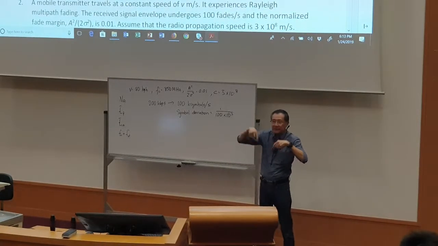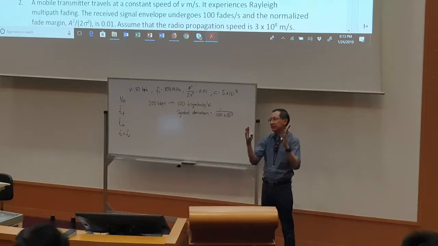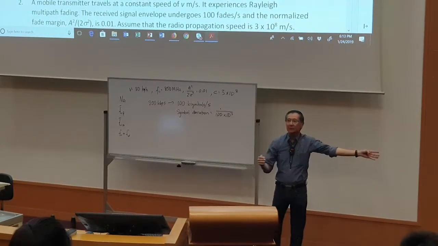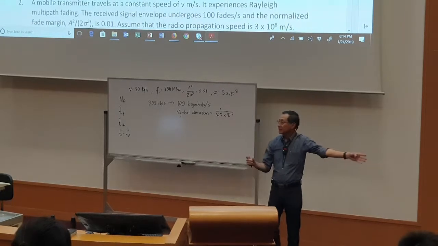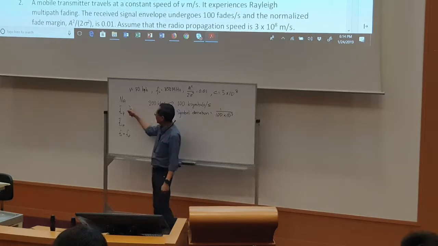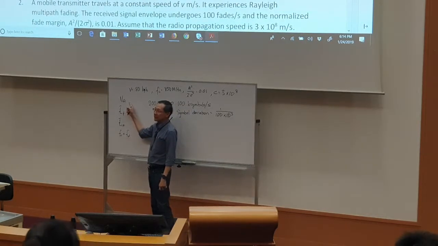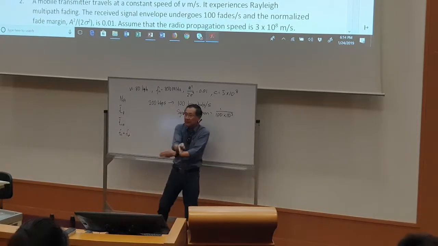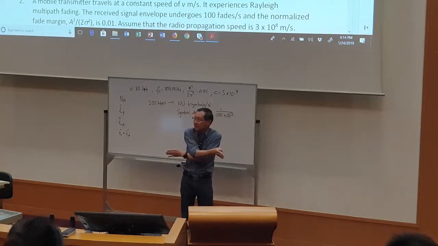If you have many fades within one symbol, that's fast fading. If the fade occurs over multiple symbols, that is slow fading. Got it? So you have to compare this value with the value of 1 over NA, because 1 over NA tells you how frequently the fades are occurring.